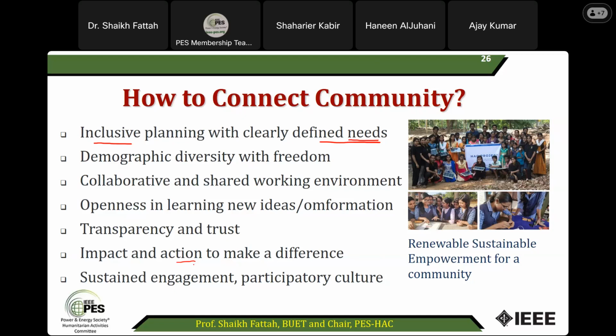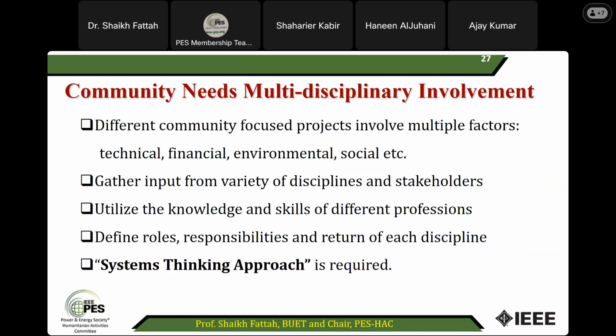This is called demographic diversity with freedom, because when you go to a different demographic area, they have their own culture and their own way of living life, so you have to give them their freedom. So, regarding the community needs we were discussing, to solve them you may need multidisciplinary knowledge.